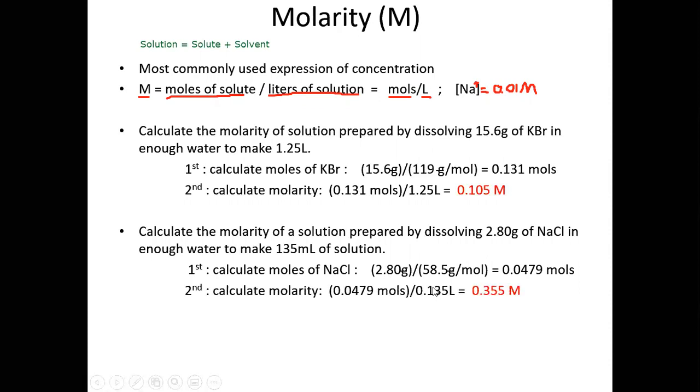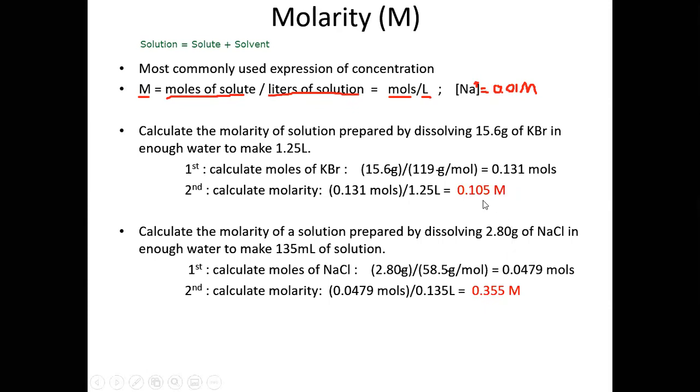The second step, we take the moles and divide it by the volume in liters. Notice here that I converted the volume from milliliters to liters. And so this would be a 0.355 molar solution.